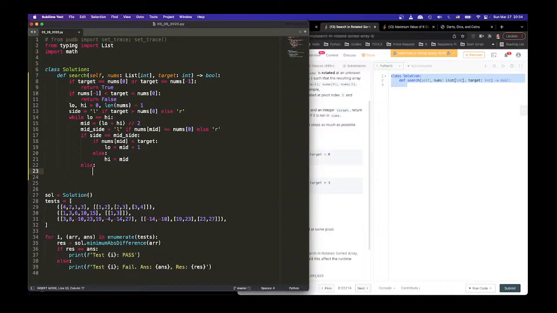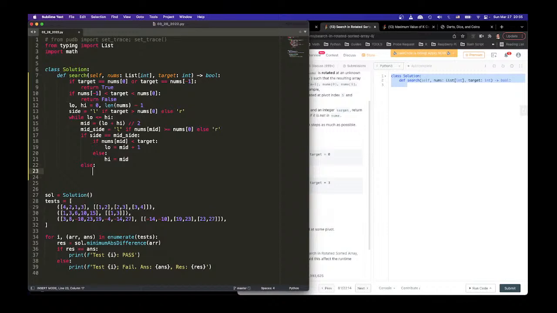If mid is on the left, then what we need to do is move the left, right? Which is move the left.